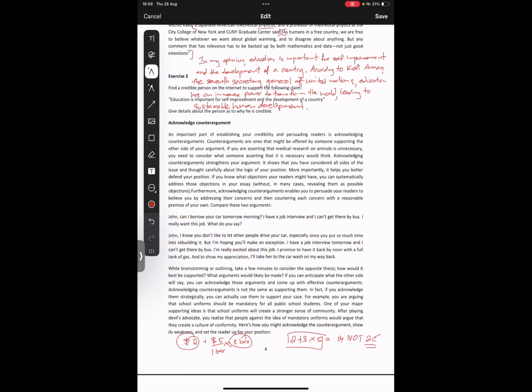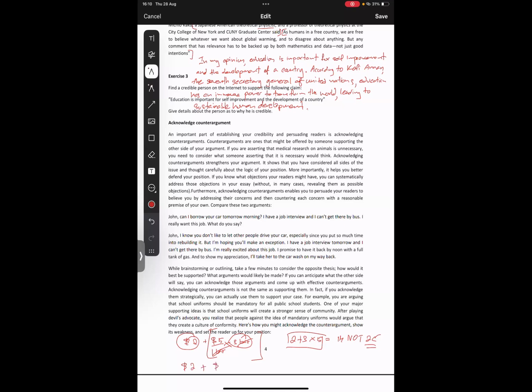So I have to evaluate this first. I have to evaluate how much money I will make from selling 3 bars of candy for $5 a bar. And then bar will cancel out, leaving me with just 15. Okay, so I will now have $2. That's free money.